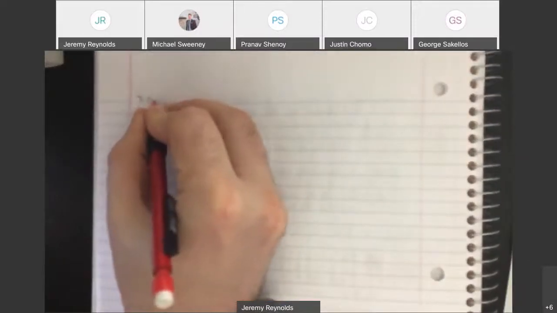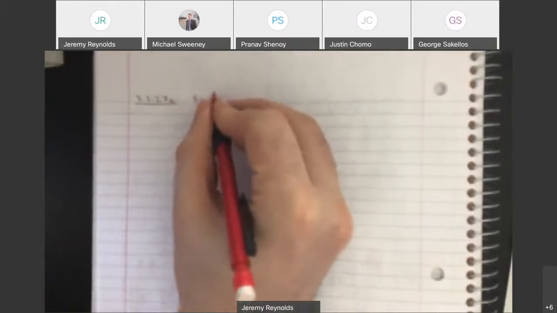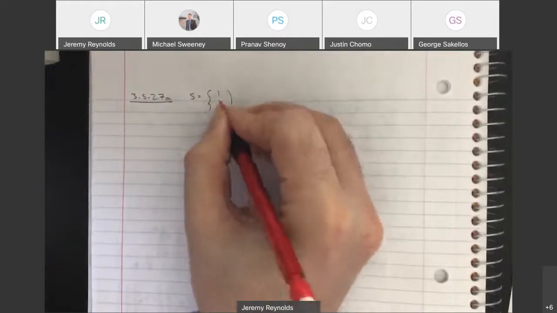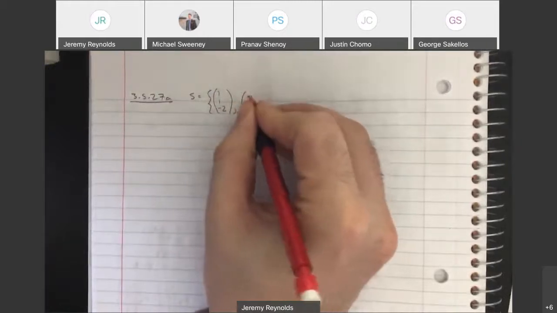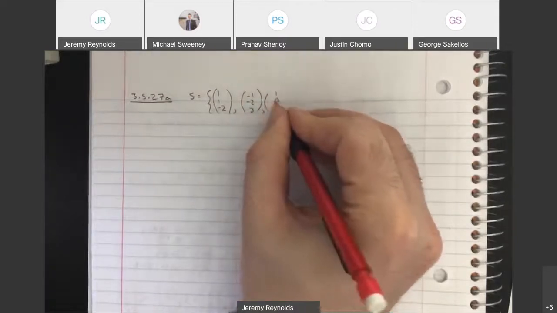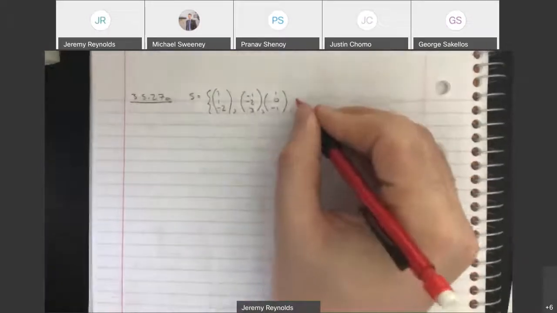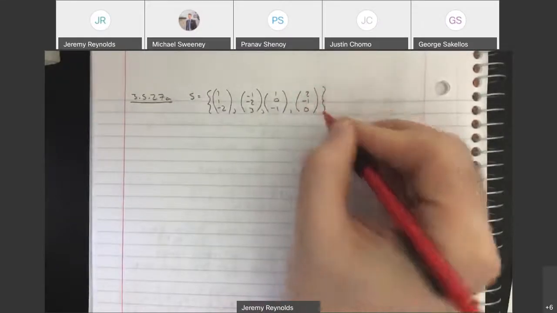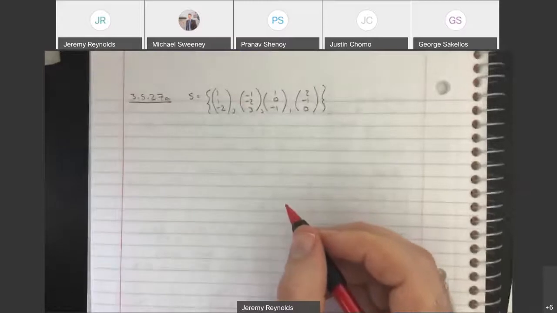Okay, so the last problem we'll go over is 3.5.27a. If we have the set of (1, 1, -2), (-1, -2, 3), (1, 0, -1), and (2, -1, 0), that's our span.